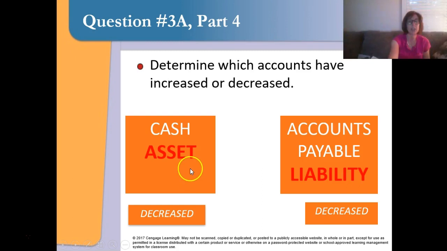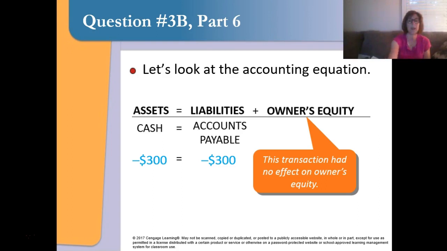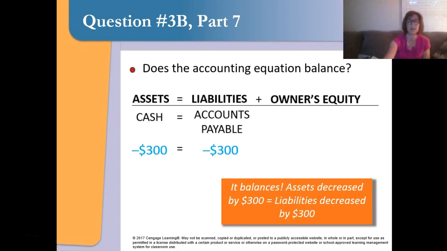So our cash is going to be decreased by that $300 payment, and our accounts payable, this debt we owe, is also going to be decreased by that $300 payment. The only accounts being impacted here are our asset account and our liability account. We still haven't done anything to affect our owner's equity, and we remain in balance.